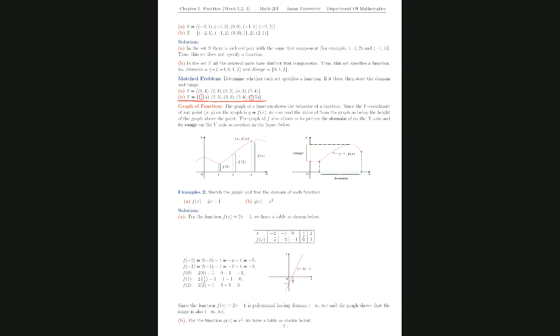Here input 2 appears one time and input 2 appears two times here. So it is not a function. If it is a function, then write domain and range. If not a function, then finish. So this set T is not a function because an input appears 2 times, and every input must appear one time.